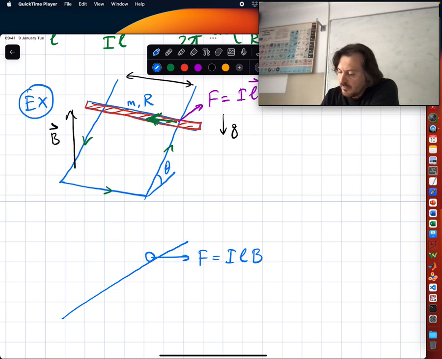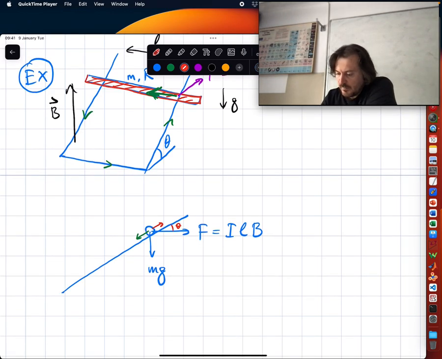And then there is mg in this direction. So the component of mg in this direction and the component of F in this direction must be equal to each other. This is theta. That is when we will reach the terminal velocity.